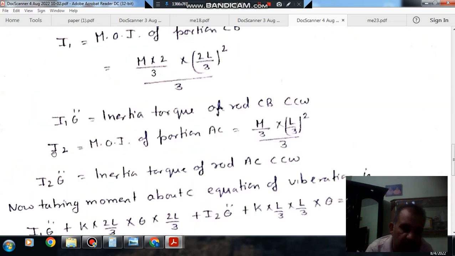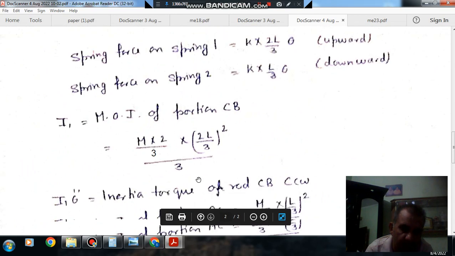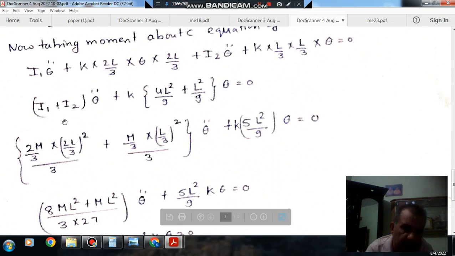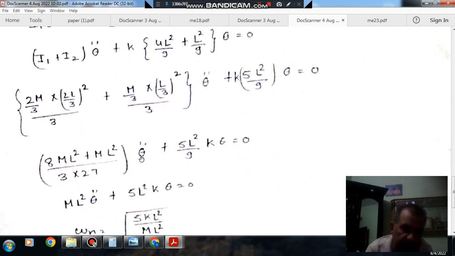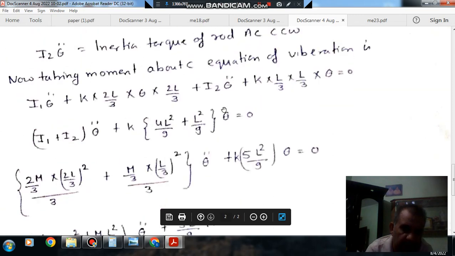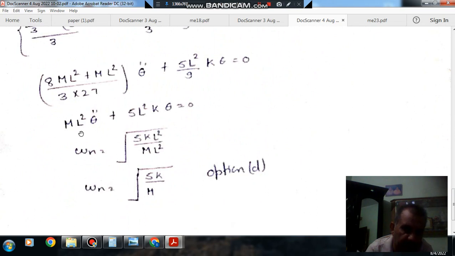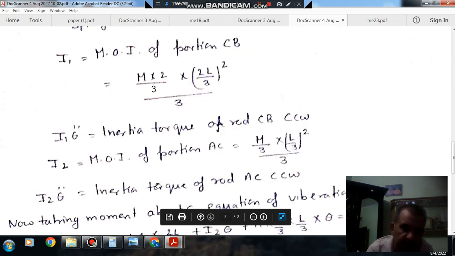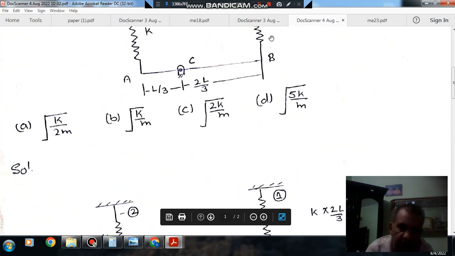Putting the values of I1 and I2 and solving it, we get the equation as m L square theta double dot plus 5 L square K theta is equal to 0. Now omega n is the square root of the coefficient of theta divided by the coefficient of theta double dot, so that is root 5K by m. So option D is the right answer.